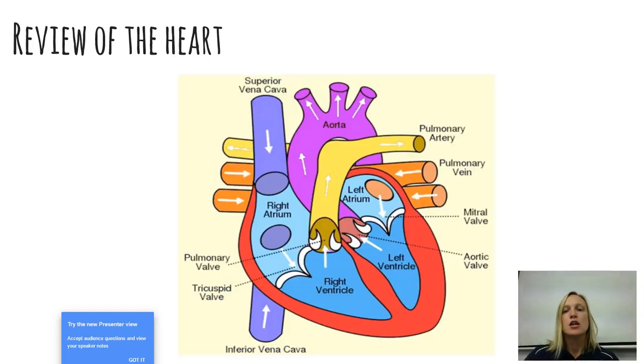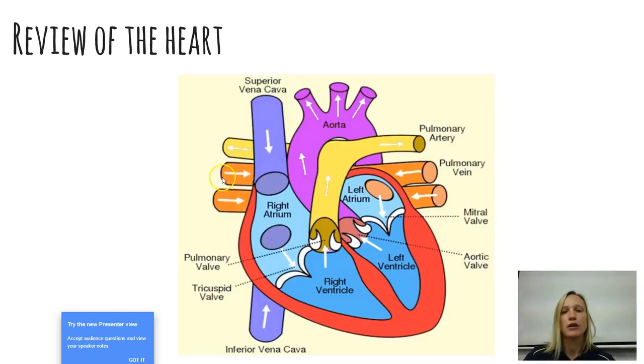So, another thing to remember, arteries always take blood away from the heart, and veins always bring blood to the heart. So for that reason, when you're looking at this diagram here, we know that these vessels here, they lead into that left atrium. Because they're bringing blood in, it must be a vein.